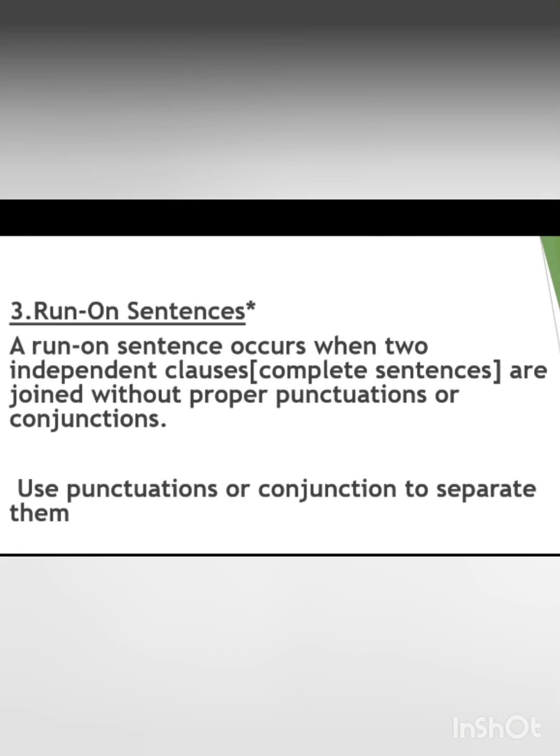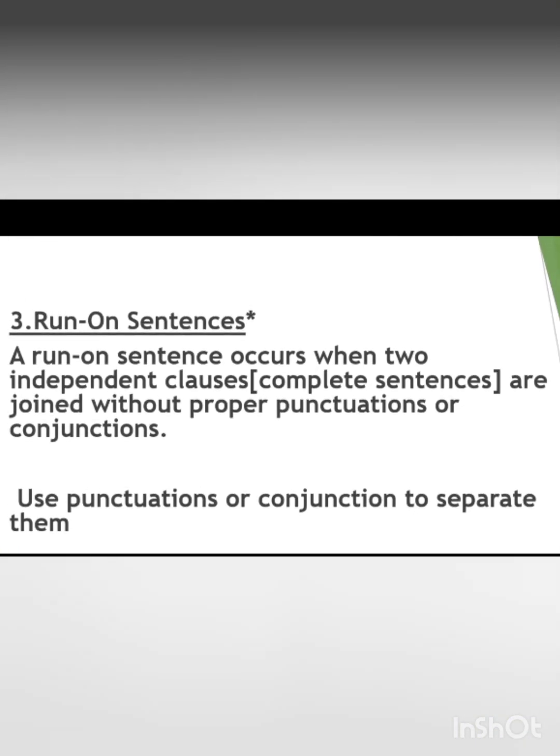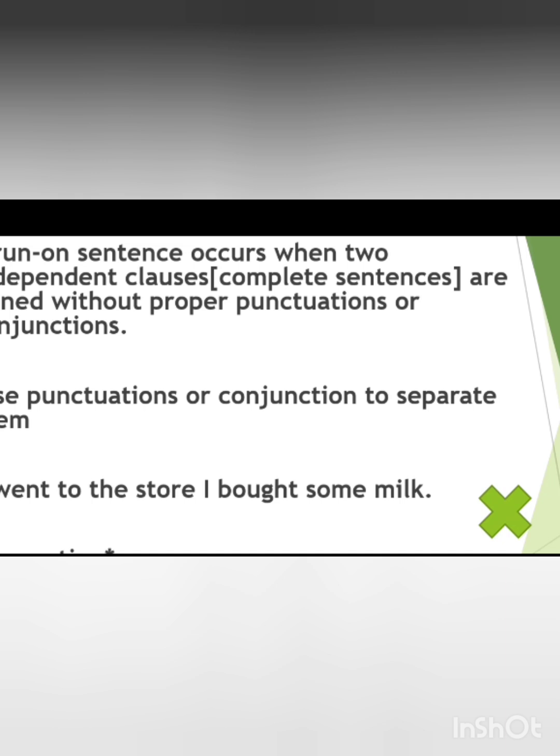Run-on sentence. What is a run-on sentence? A run-on sentence occurs when two independent clauses, complete sentences, are joined without proper punctuation or conjunctions. That is, you do not write punctuation or you do not use conjunctions in the sentence. It is called a run-on sentence where you use two independent clauses. So use punctuation or conjunctions to separate them.